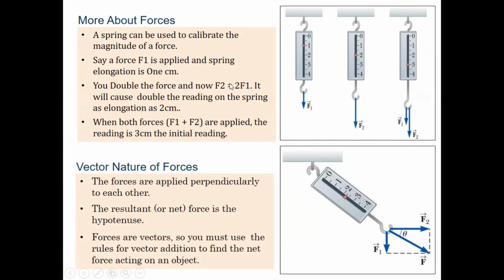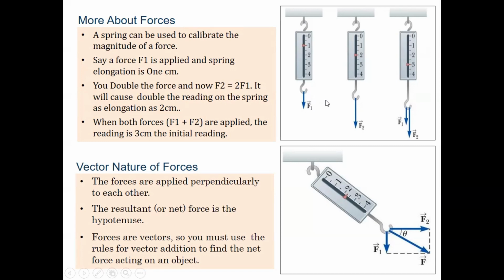When we double this force, that is, F2 is twice the F1 force, then we see that the reading on the spring elongation becomes 2 centimeters, which is twice the value that was with the first spring.